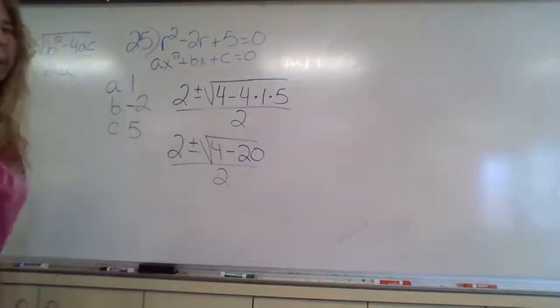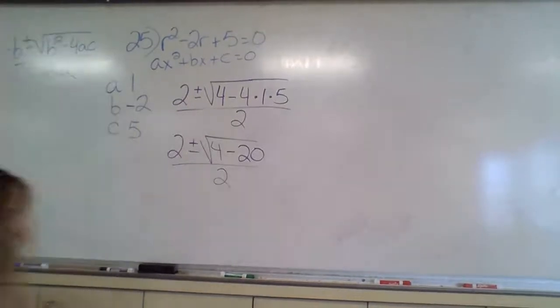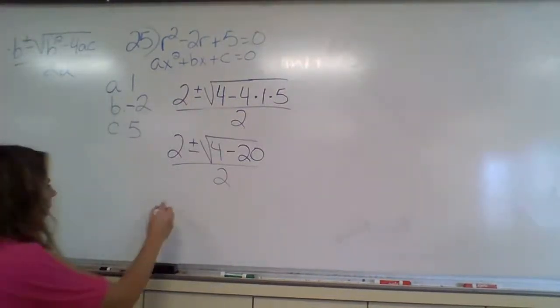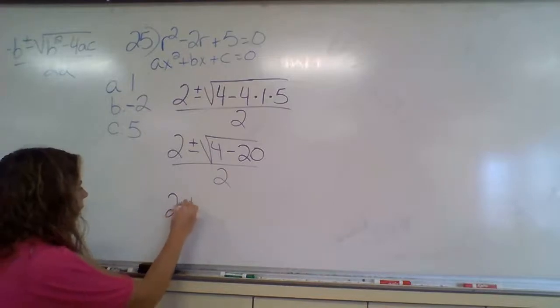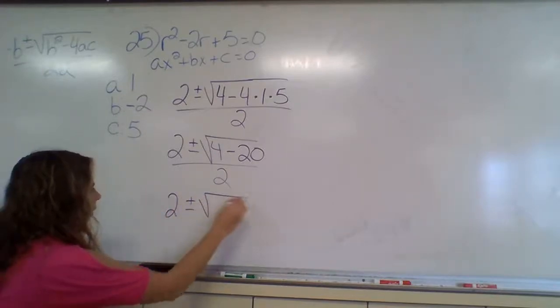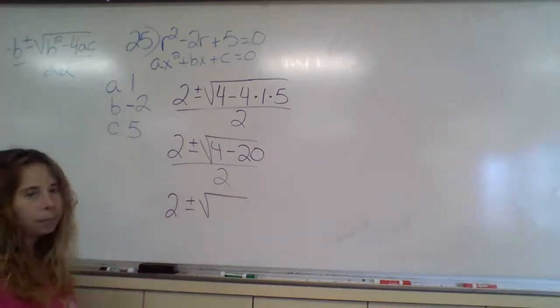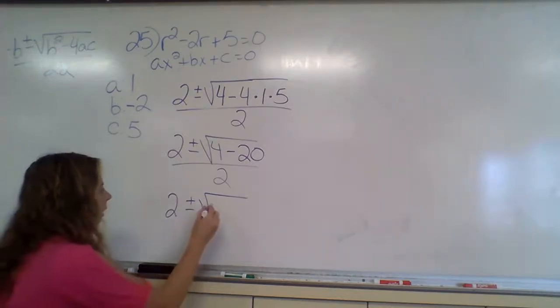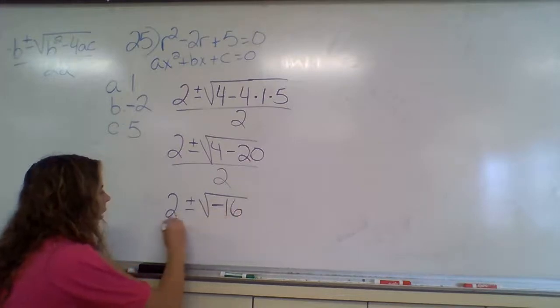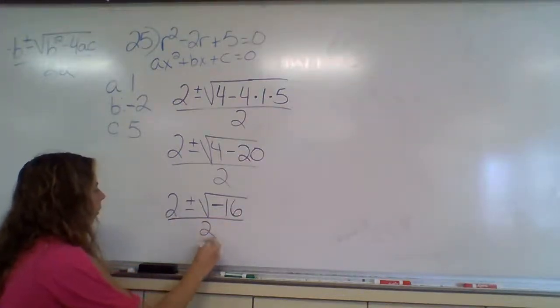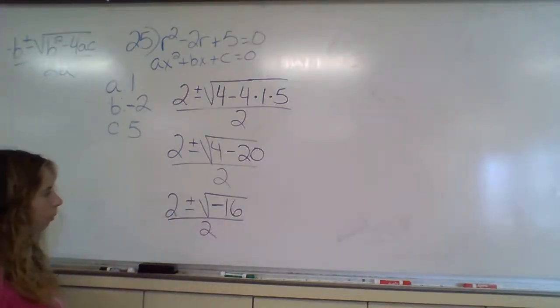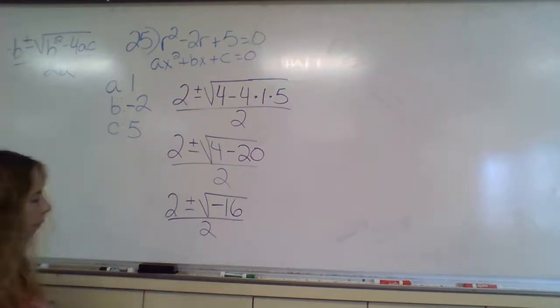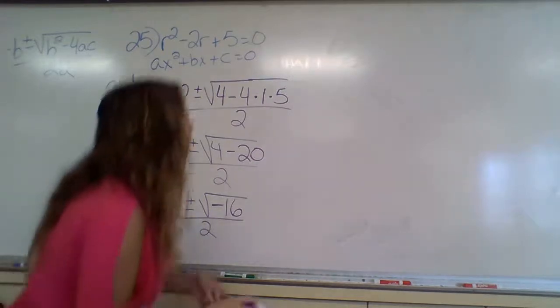Keep on keeping on. 2 plus or minus. What is 4 minus 20? -16, all over 2. We'll go up here.